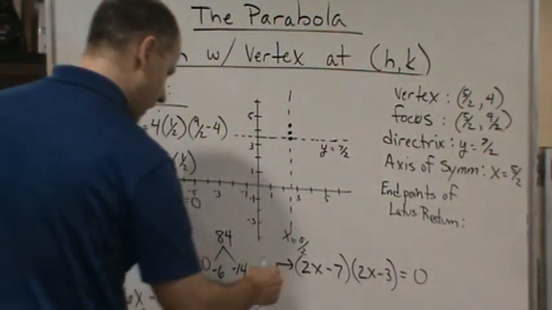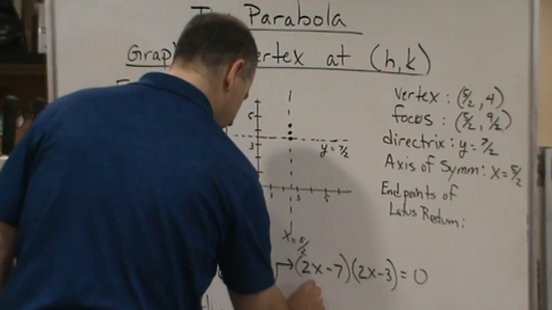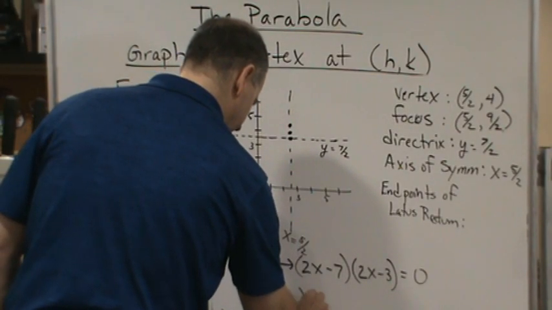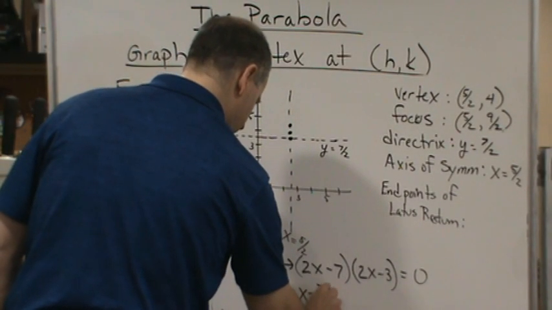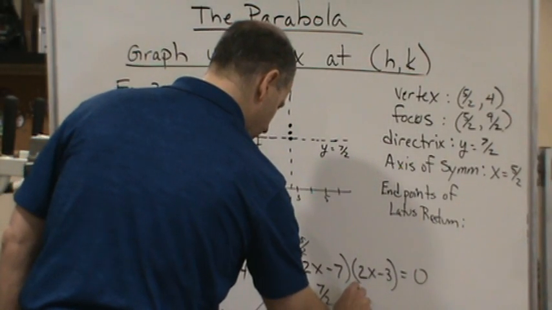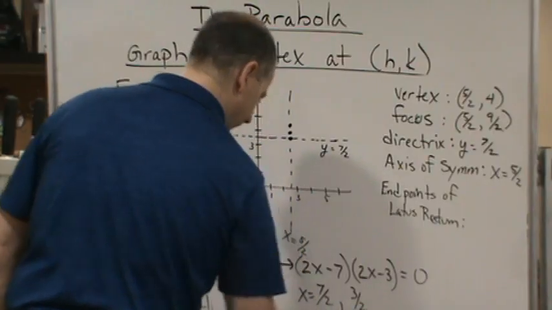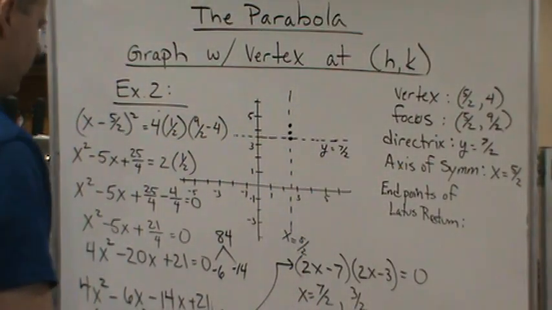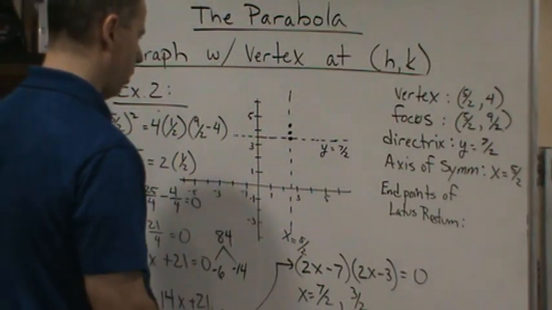Of course now we can use the zero product property, and x is going to equal 7/2 and also 3/2. Nice.